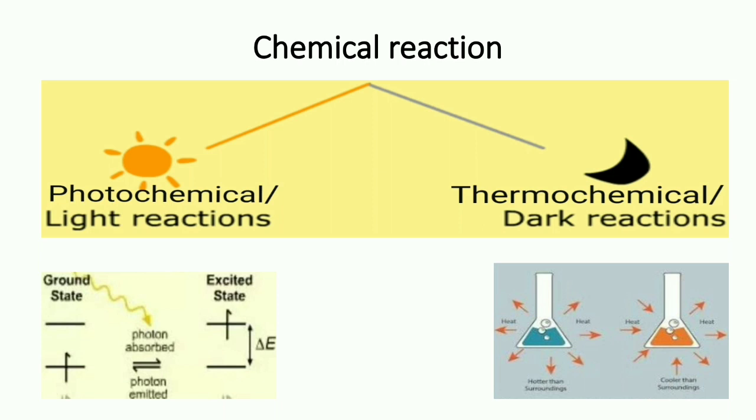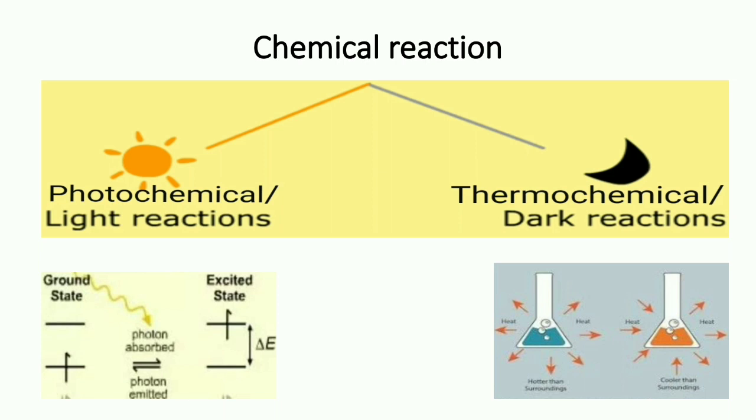Thermochemical reactions can occur in the absence of light also, and their rate of reaction is not affected by the light. So, these reactions are also called the dark reactions. The temperature of the system has a significant effect on the rate of reactions.